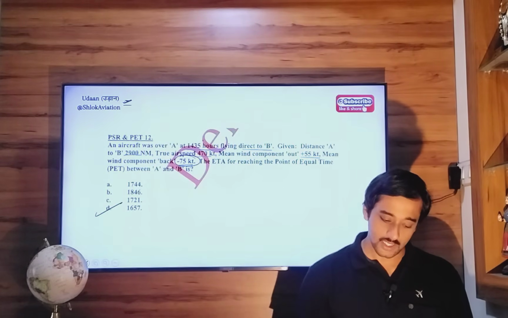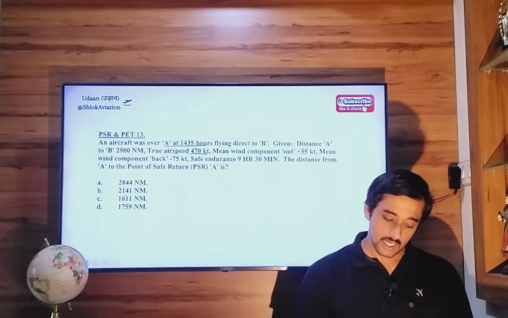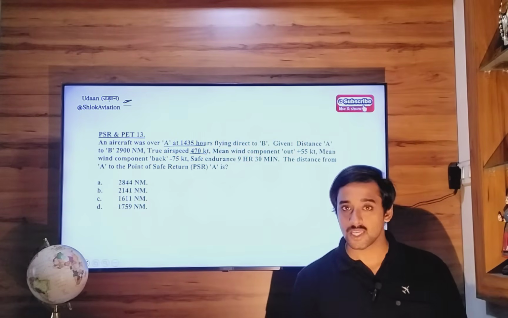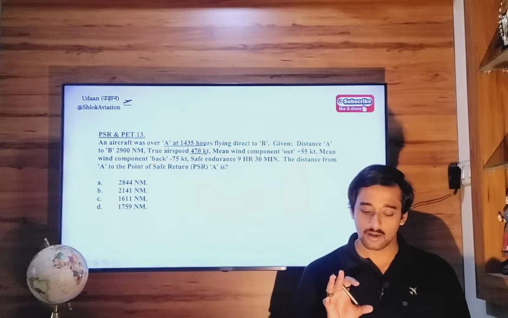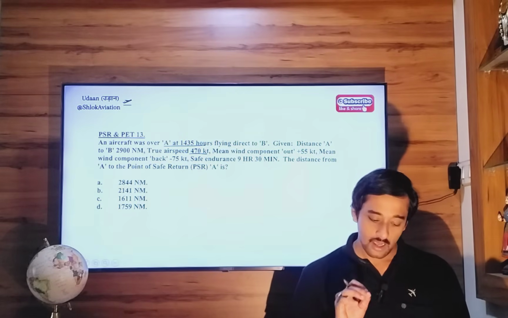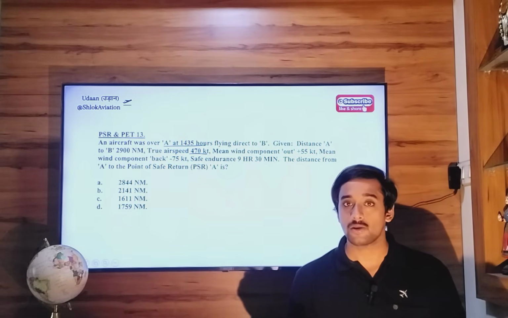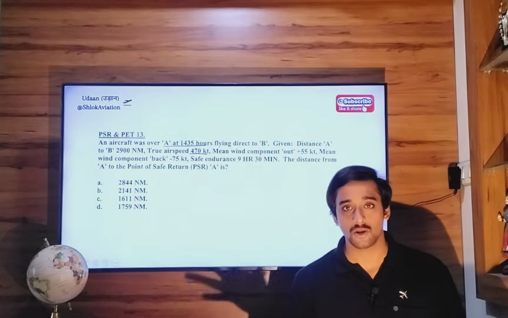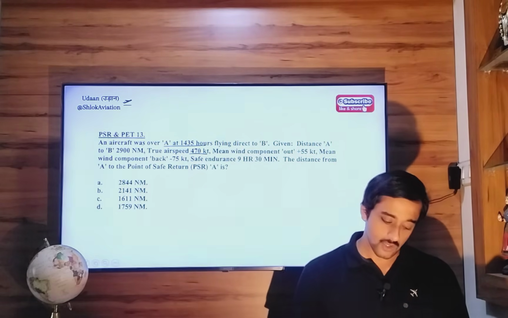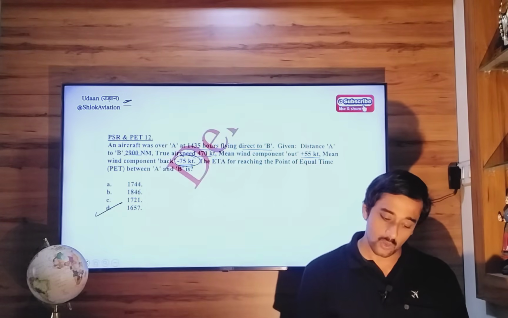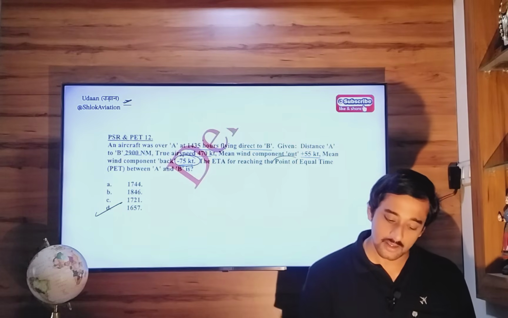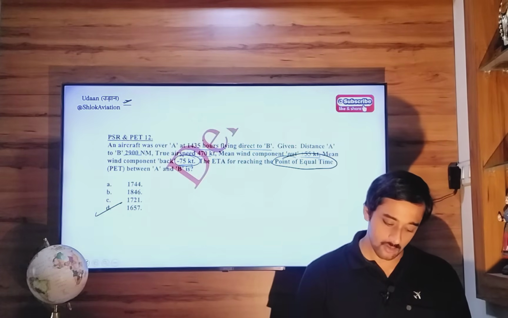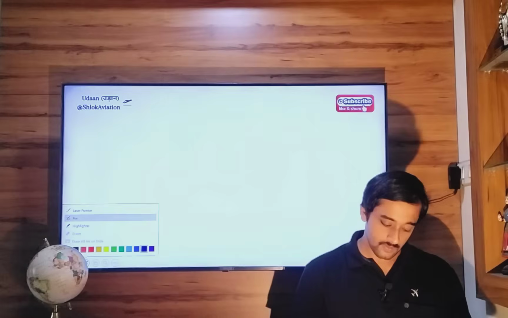The distance from point A to the point of safe return. Now the complete data is the same, except they have asked us to find the distance to the point of safe return. Previous question was based on point of equal time. The new question is based on point of safe return.